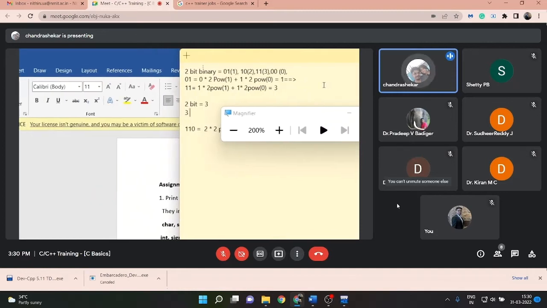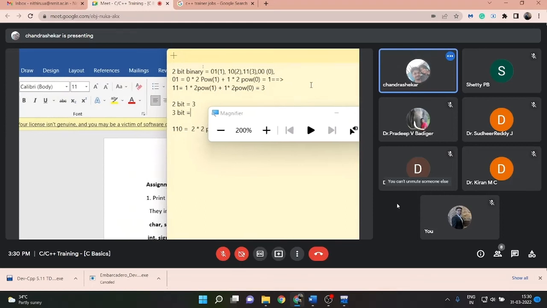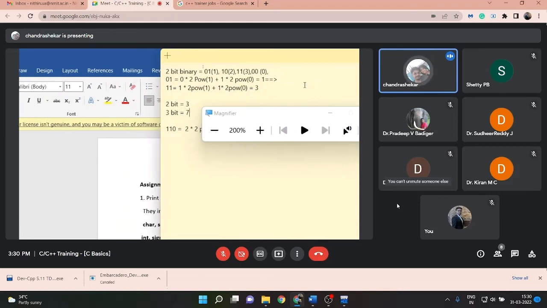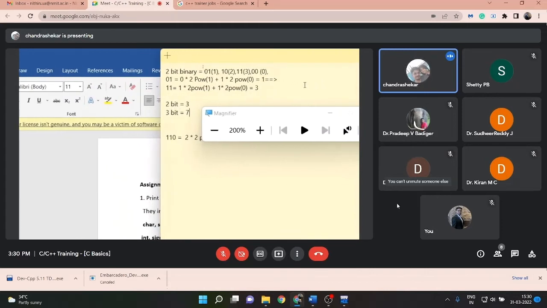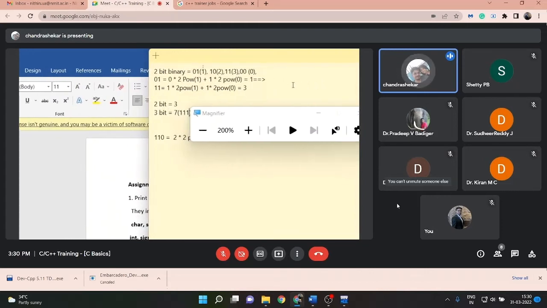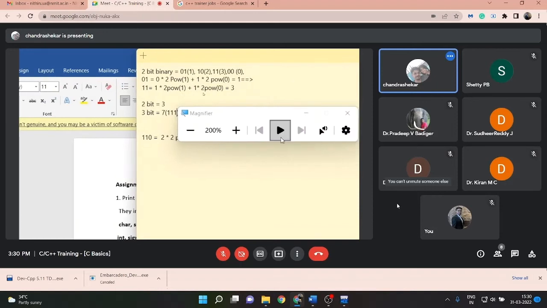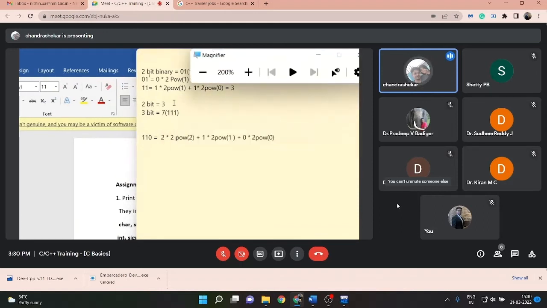Similarly, a 3-bit number can have 7 as the maximum value, when all bits are high. If you add up 2 to the power of 2, 2 to the power of 1, and 1, it becomes 7.